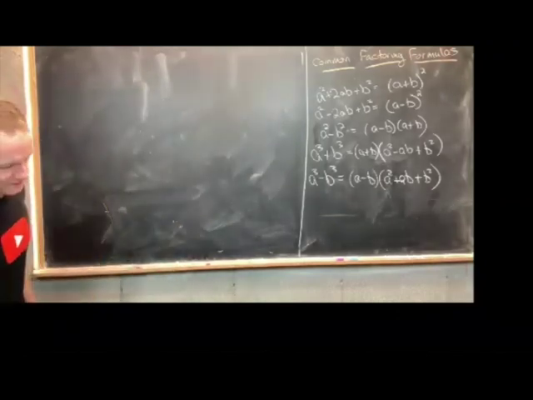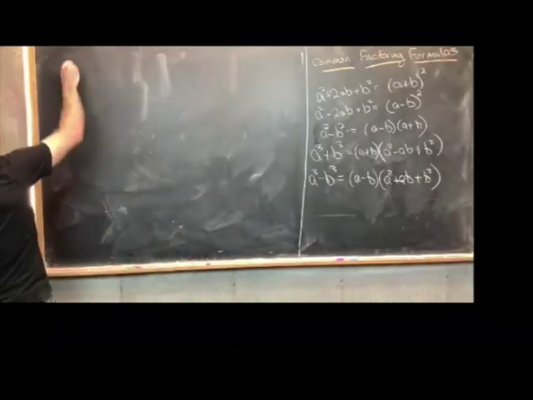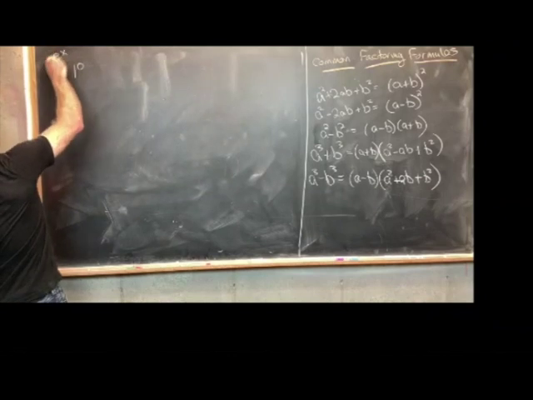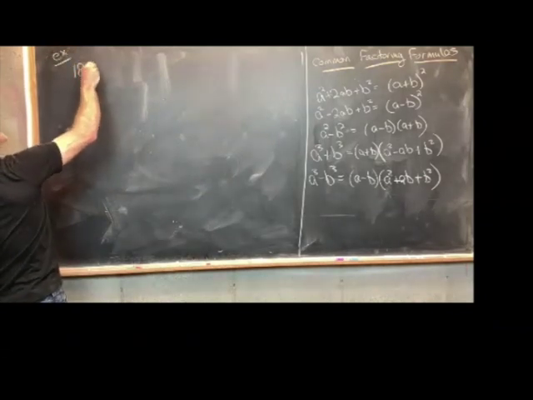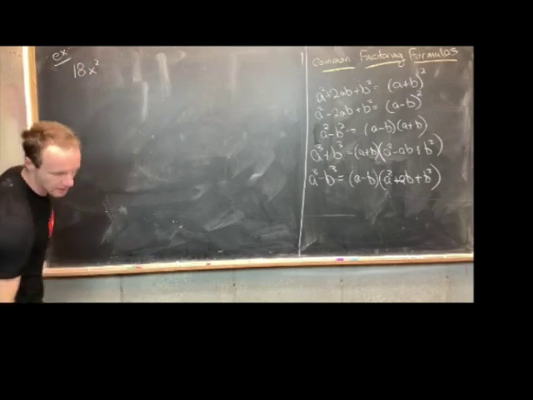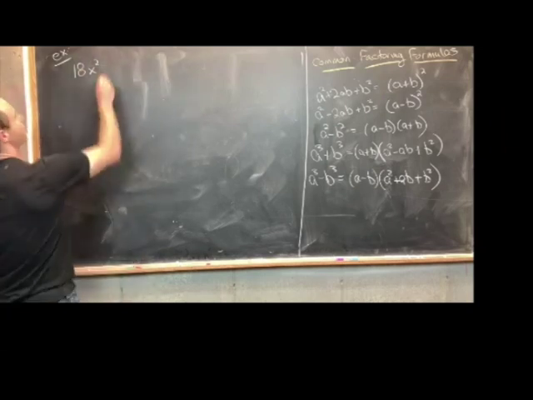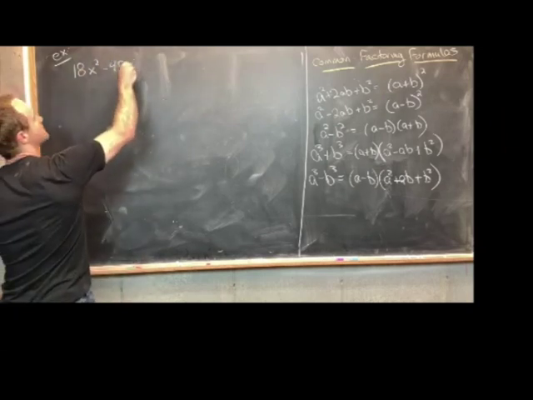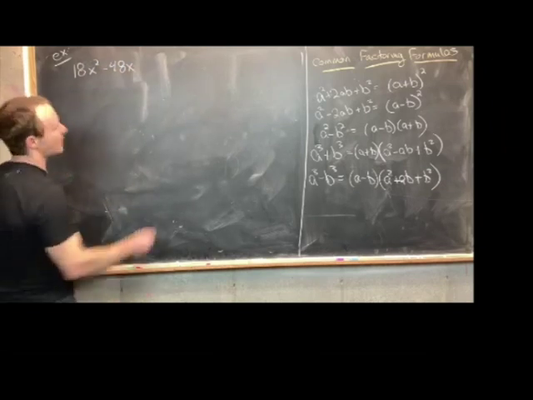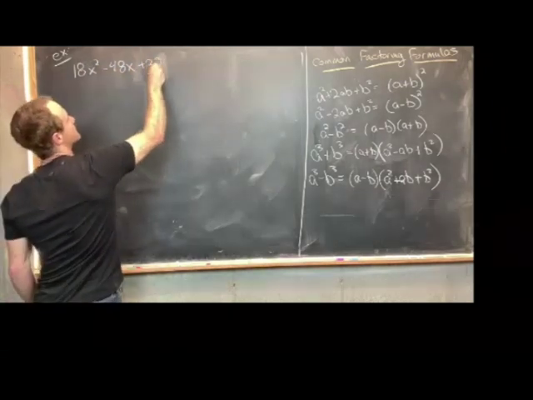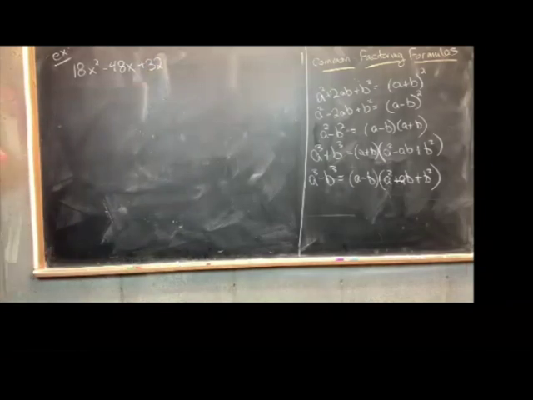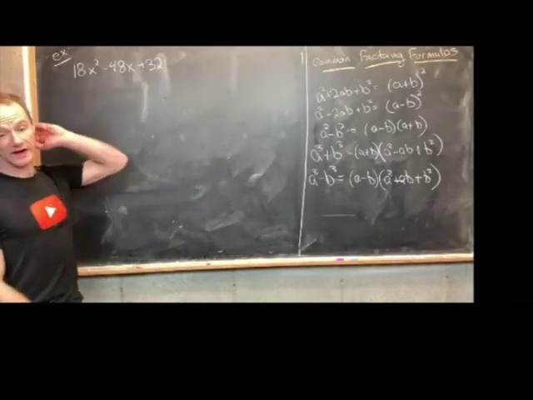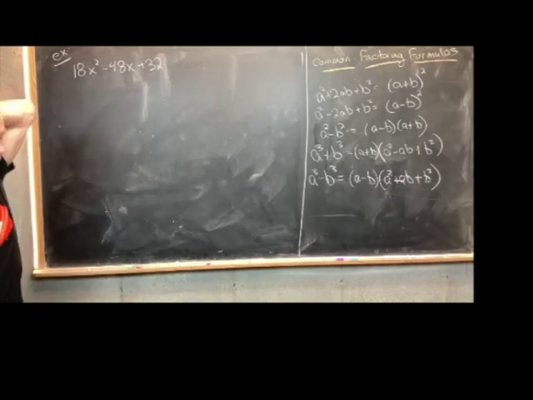Okay, so maybe for our first example, we'll look at this. 18x squared minus 48x, and then plus 32. The first thing that we'd always want to do is look for a greatest common factor before we get started.